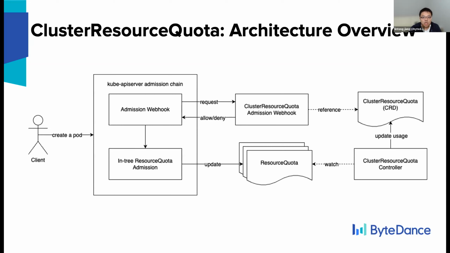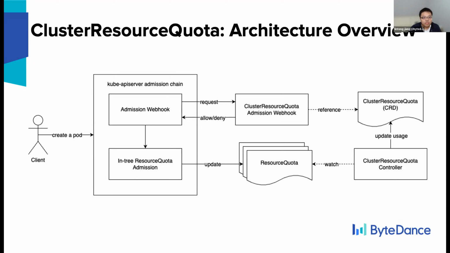When a pod is created by the tenant, the request will first go through the out-of-tree admission webhook of cluster resource quota, which evaluates the resource compatibility based on the quota and the current usage, and either denies or allows it.